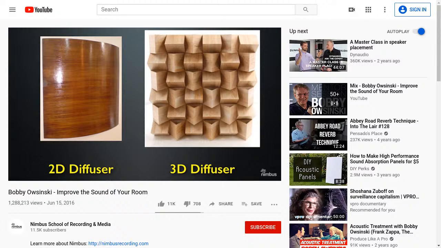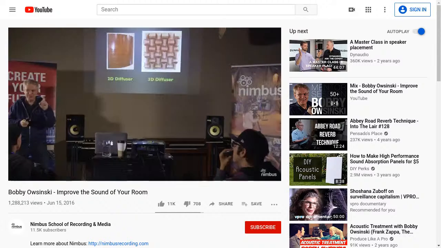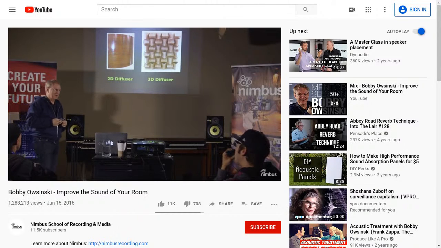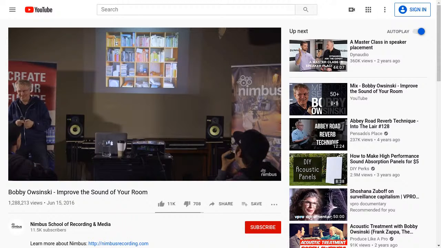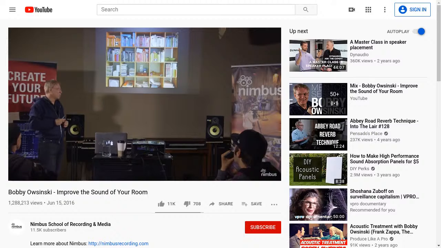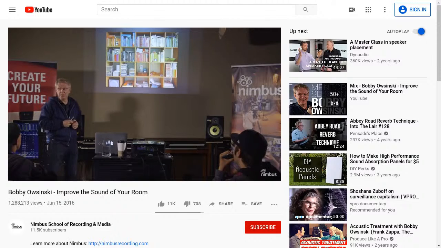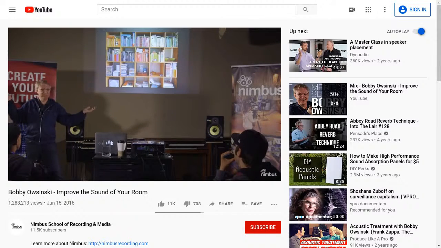Diffusers are expensive if you're going to buy them. But I've got a trick for you that works every time. You probably have one of these in your house. It's called a bookshelf. You get a bookshelf, you put it in your rear wall, and just fill it up with random things. Random.